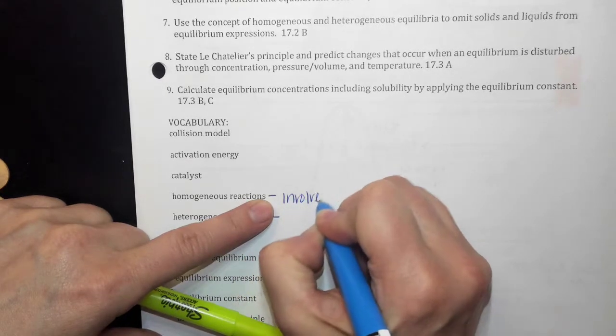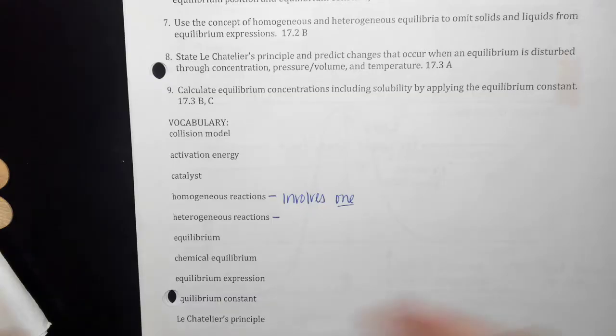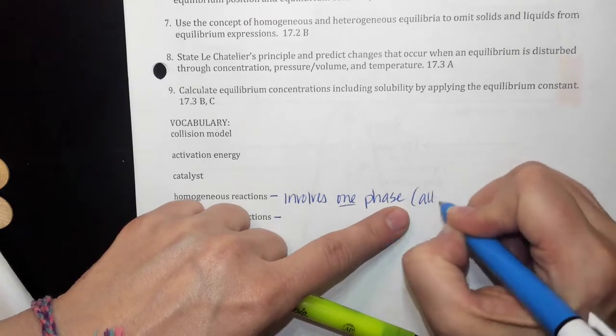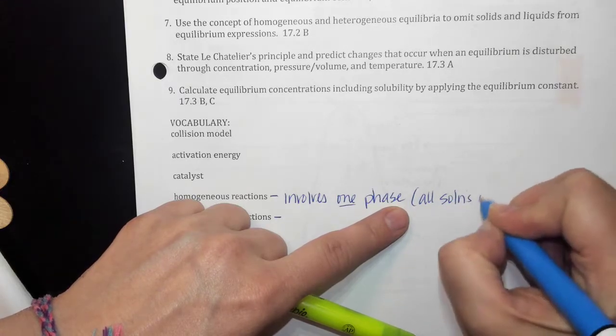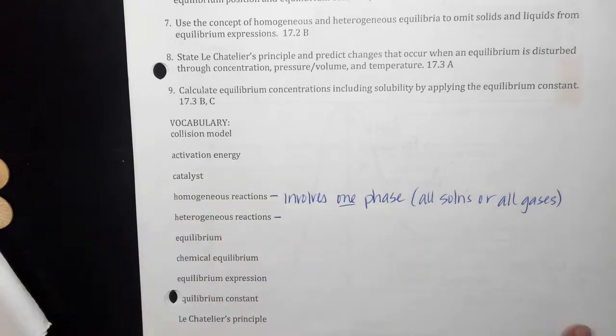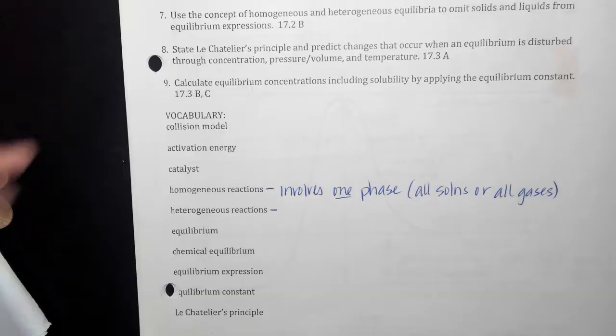involves one state or phase, like all solutions or all gases, whereas a heterogeneous reaction is going to include multiple states reacting.